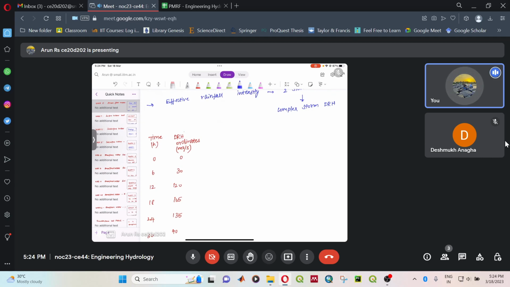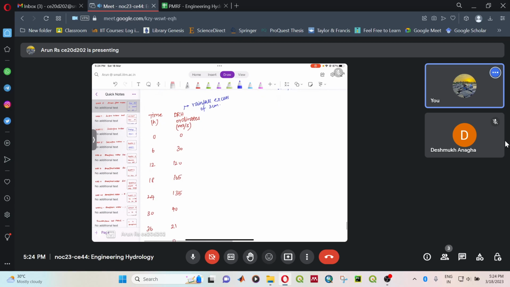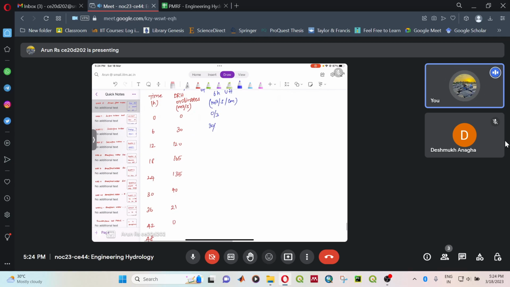This DRH corresponds to a rainfall excess of 3 centimeter. So first what we will do is, we will find out the 6-hour unit hydrograph. For that we need to divide the DRH ordinates by 3. So the 6-hour unit hydrograph will be in meter cube per second per centimeter. So this will be 0 by 3, this will be 30 by 3, and we can continue for all the time steps.